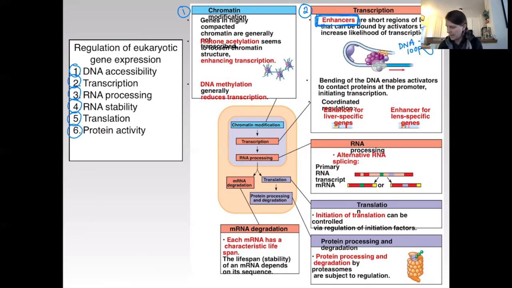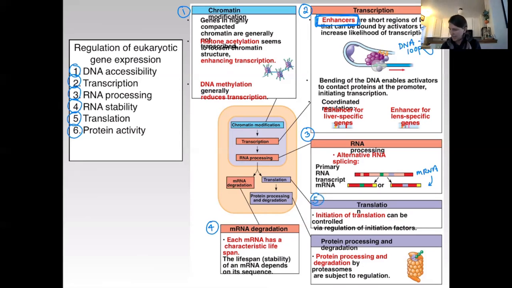The third one is RNA processing. And again, this just means alternative splicing. So different ways that your introns can be spliced. So from a single mRNA, you can make different proteins depending on which introns are spliced out, right? Four is RNA stability. So every single mRNA has a specific lifespan, right?